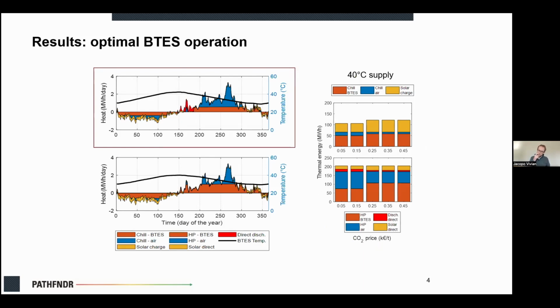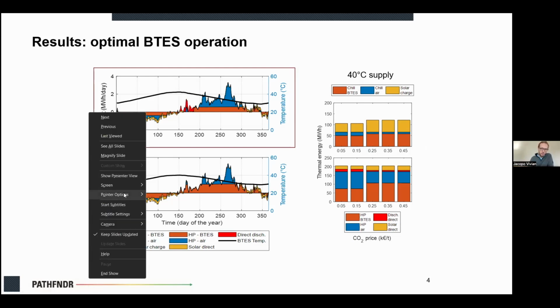And this is how the results look like. First of all, we distinguish between a low temperature network supply, which is the case here with the 40 Celsius degrees supply temperature, and a 65 Celsius degrees supply that we will look at later.